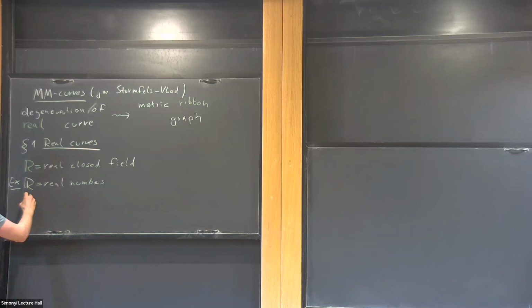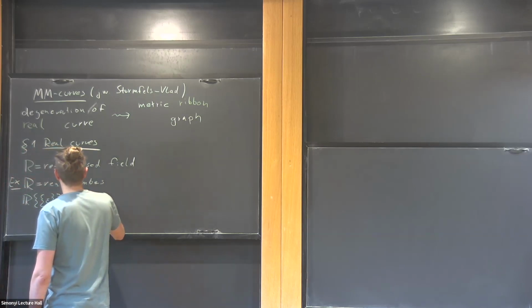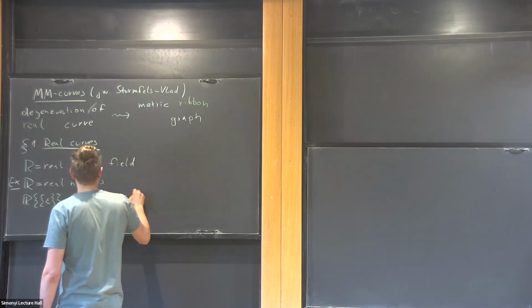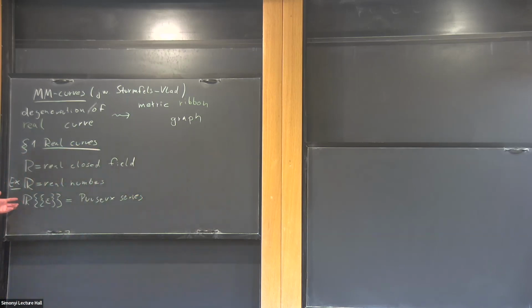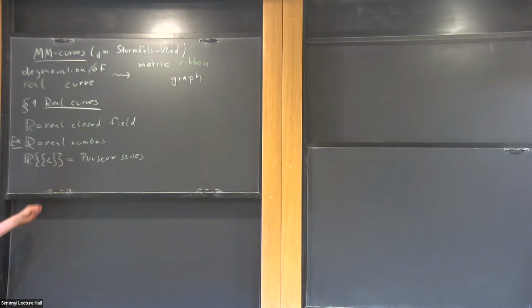Examples for real closed fields are real Puiseux series. You know that the complex Puiseux series are algebraically closed, so it has a finite field extension which is algebraically closed, and you can put an order here by looking at the coefficient of the smallest power of epsilon, where we think of epsilon as infinitesimally small.